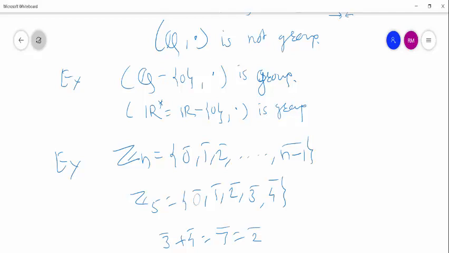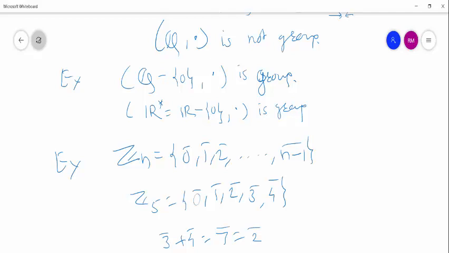One example is the 7 days: 1 week contains 7 days, Sunday, Monday, Tuesday. So whatever operation we do, the result comes in terms of a day only. Another example is Z12, a real life example, like our clock of 12 hours. So 12 plus 1, that is 13, means 1 o'clock.